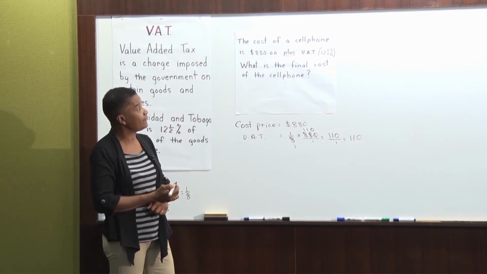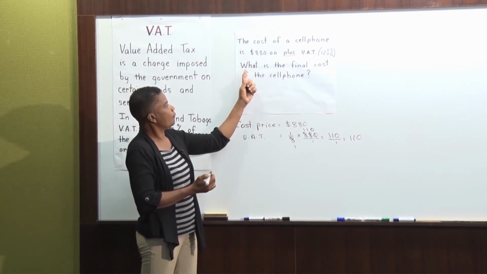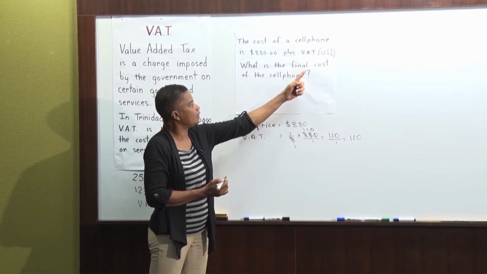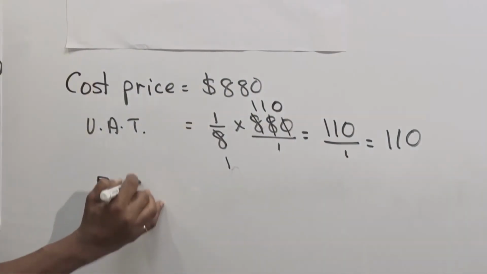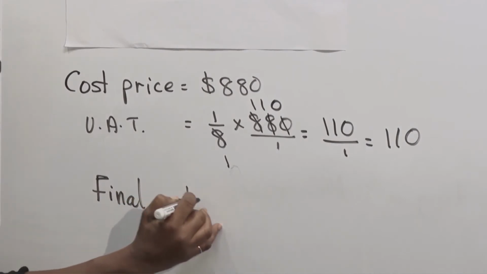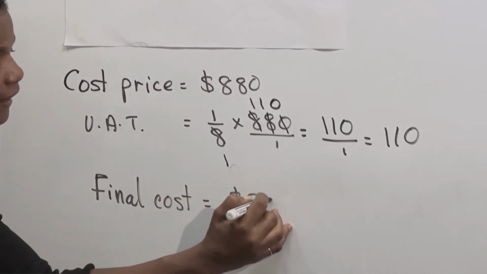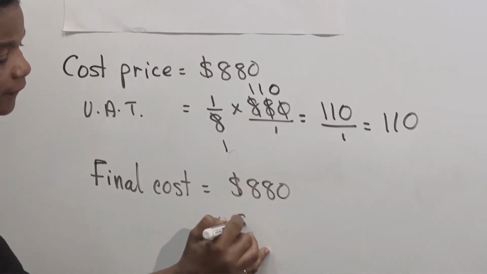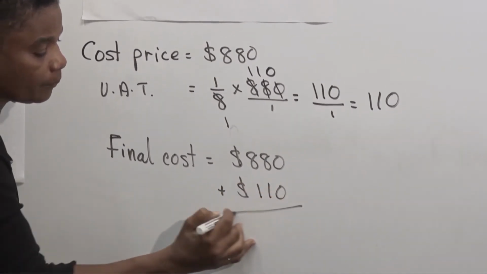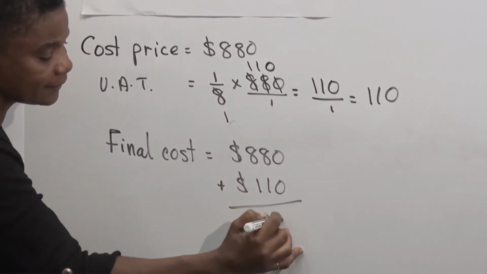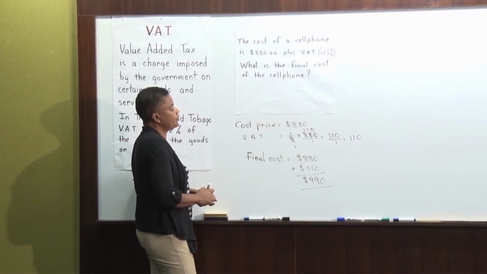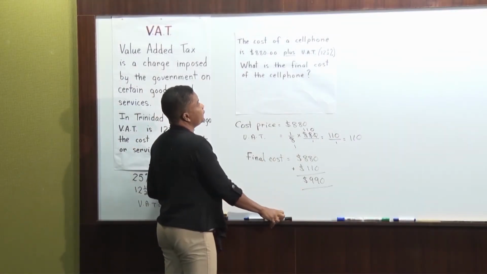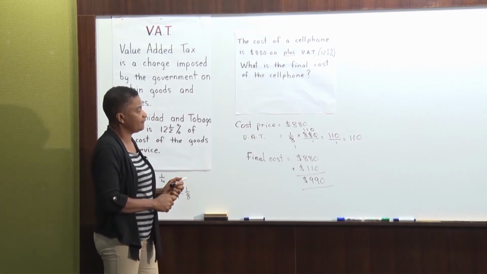Is that what the question asks? No. The question asks for the final cost of the cell phone. So the final cost of the cell phone would be the price of the cell phone plus the VAT, which will bring us to a total of $990. Let's do that over. The first thing we need to find is the VAT.